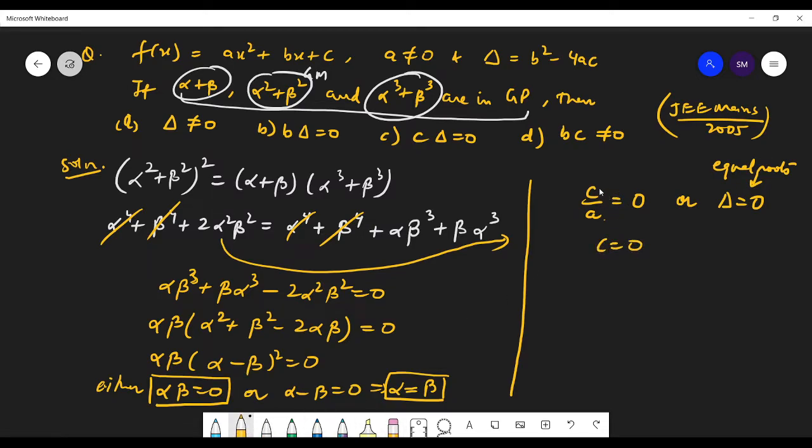This can only be 0 if C is 0. Or delta is equal to 0. So it means C into delta is equal to 0. Yes. So which option is correct here? So option C. Got this question, students?